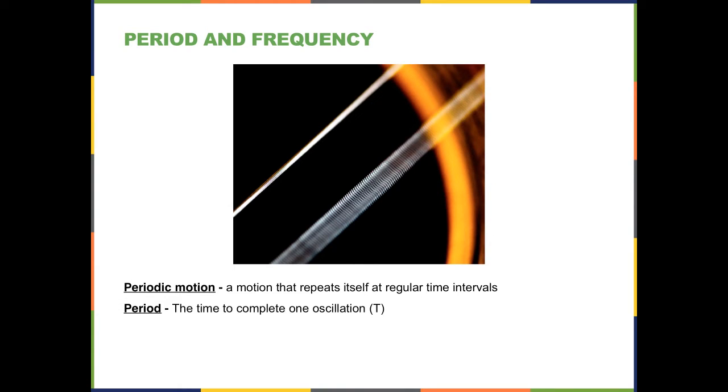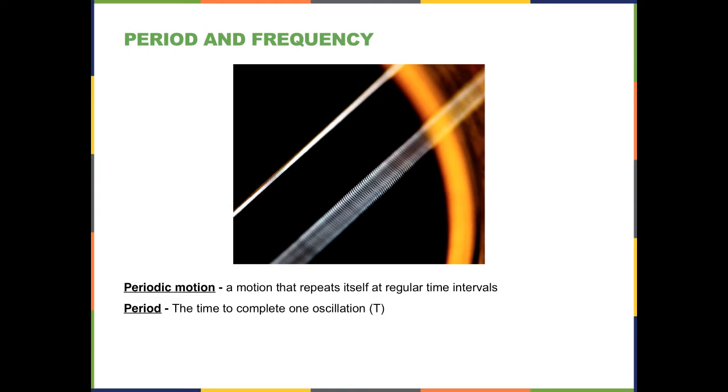So the period in a periodic motion is the time to complete one full oscillation, and it's generally abbreviated capital T. You start from a position of rest, the motion goes through its entire cycle, and when it returns to that rest point the first time, then that is called a period.